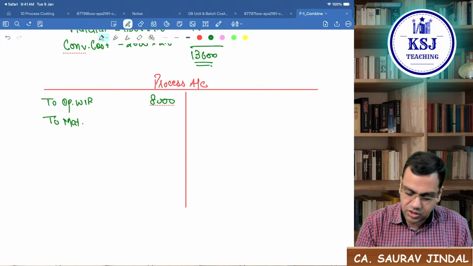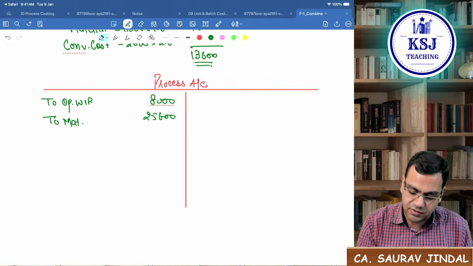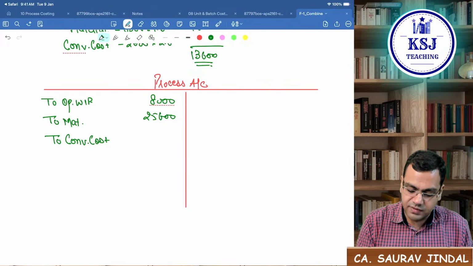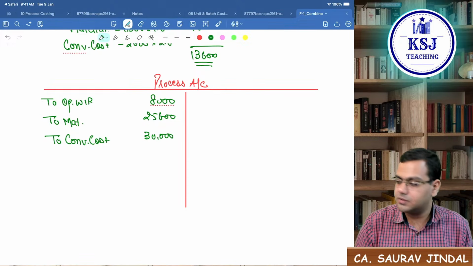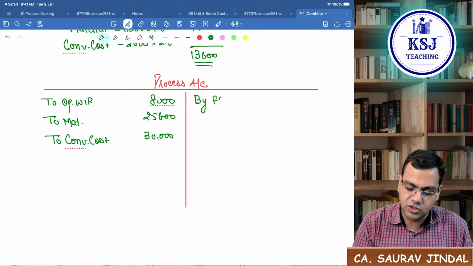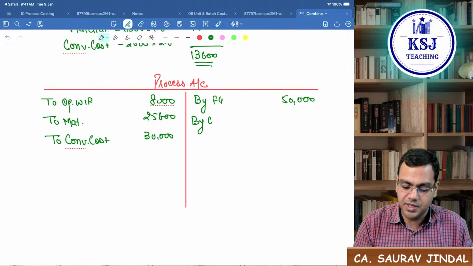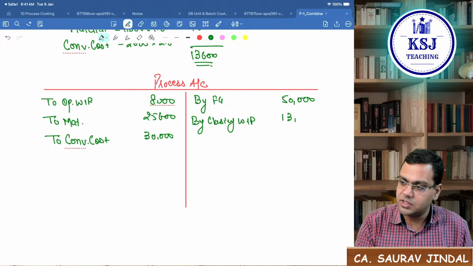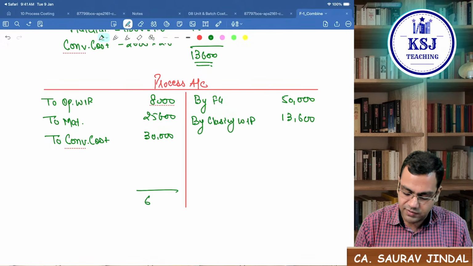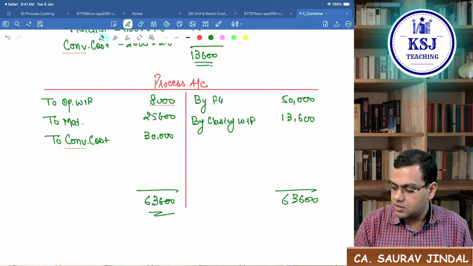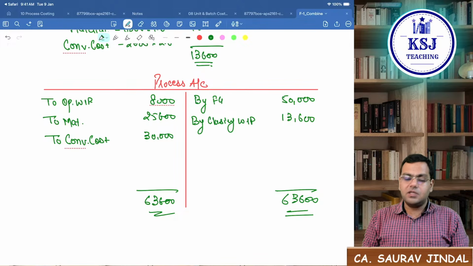What is the material cost incurred in this period? 25,600. To conversion cost, you will take it as 30,000. And here you will write by finished goods valued at 50,000 and by closing WIP of 13,600. So this total will be 63,600.